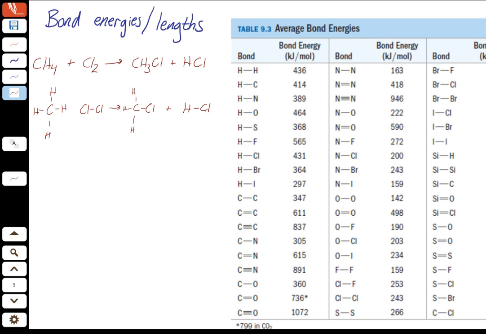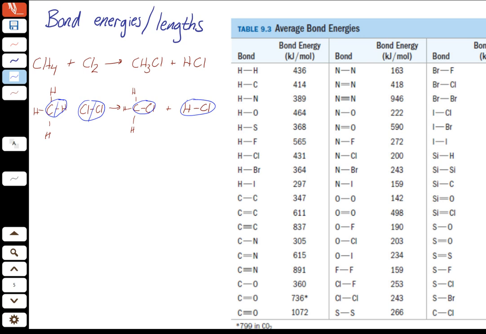So a CH bond is breaking. A Cl-Cl bond is breaking. Maybe we should draw a little slash sign to show those are breaking. And then a CCl bond is forming and an HCl bond is forming. Most covalent-based reactions can be thought of in this way, as bonds breaking and bonds forming. Does everybody see the bonds breaking and the bonds forming in this one?